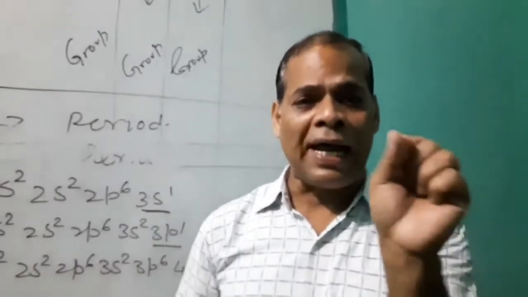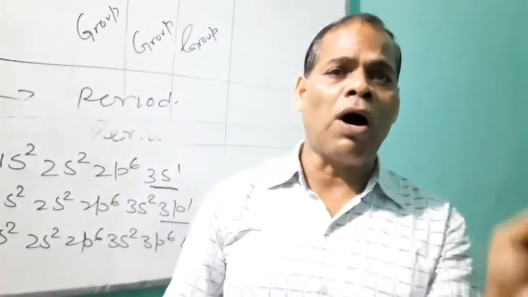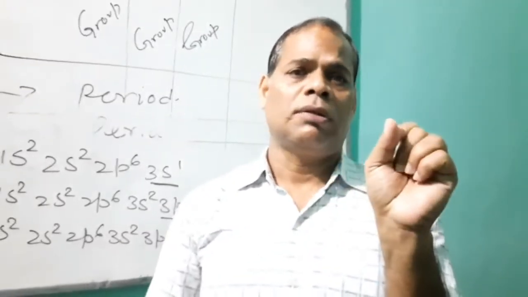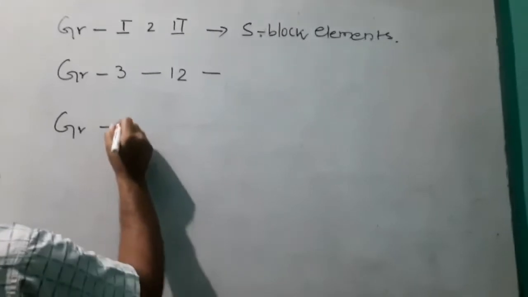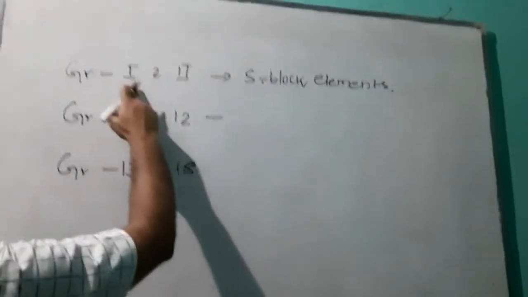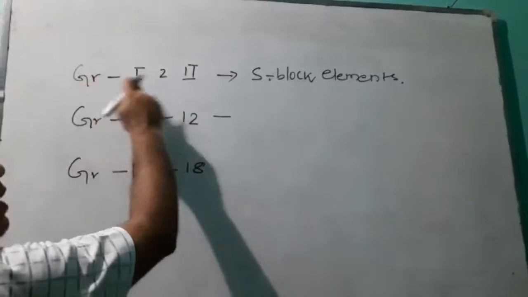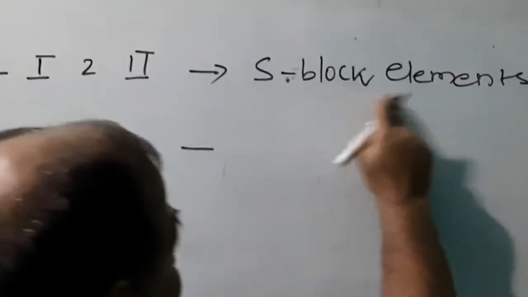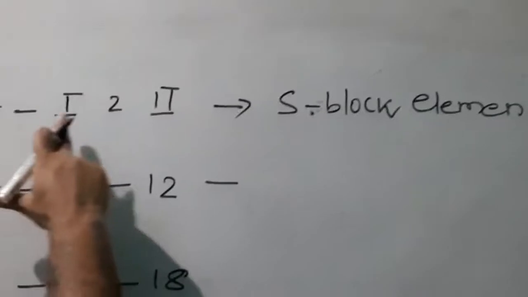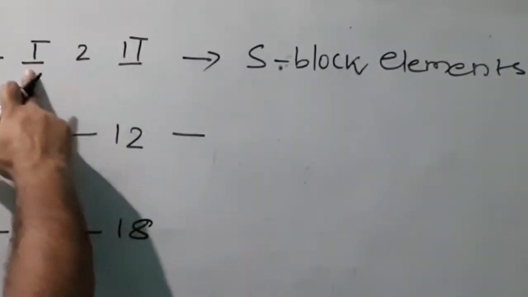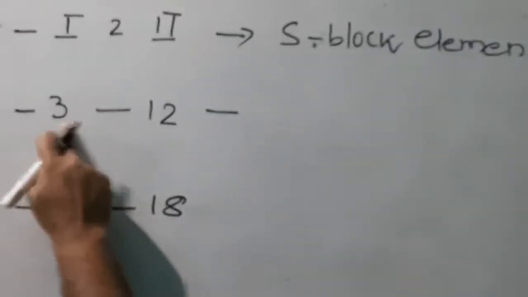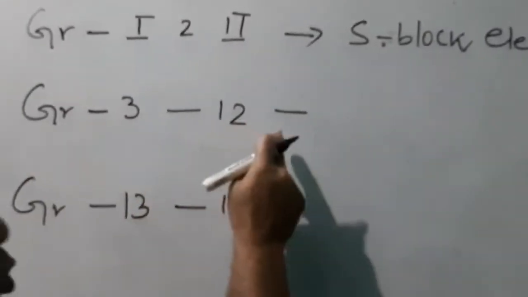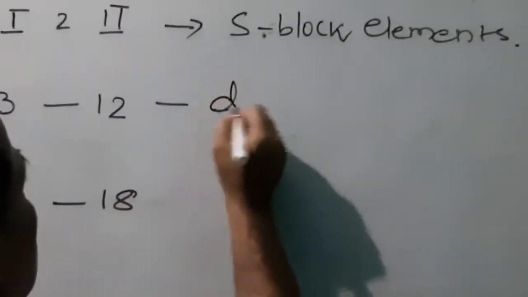Group 1 and group 2 belong to the s block. Groups 3 to 12 belong to the d block.